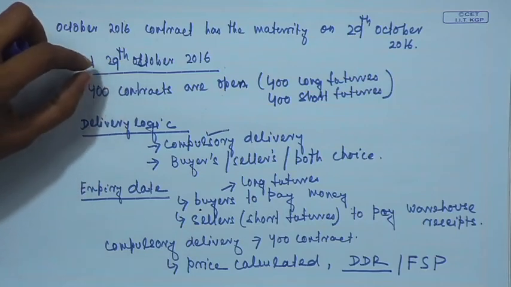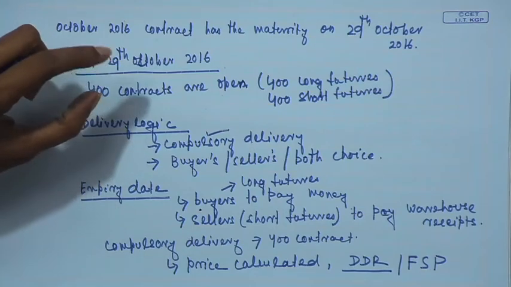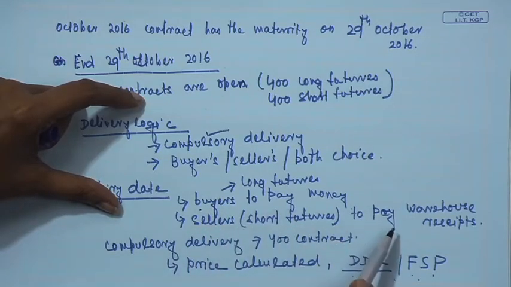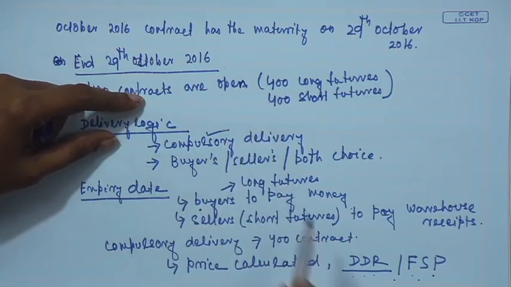What we will have is only the spot price, but which spot price is to be considered? Exchanges normally take a poll, and from different market players they collect spot prices, and based on some averaging they find out the due date rate or final settlement price. That final settlement price is paid by the buyers, and sellers deliver the warehouse receipts for 400 contracts.